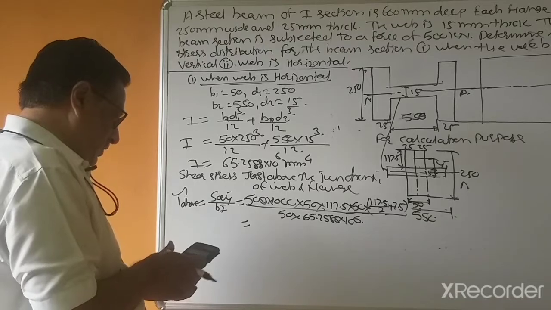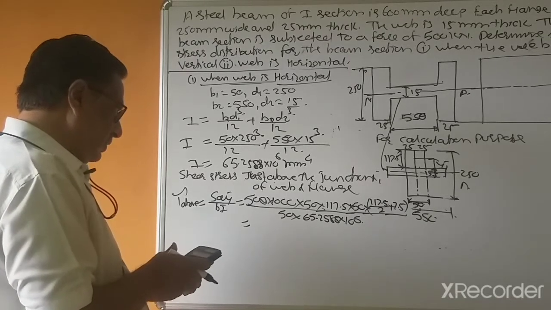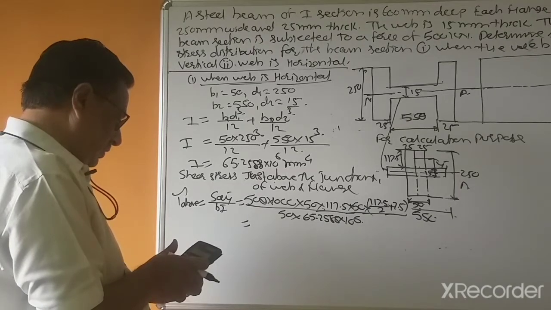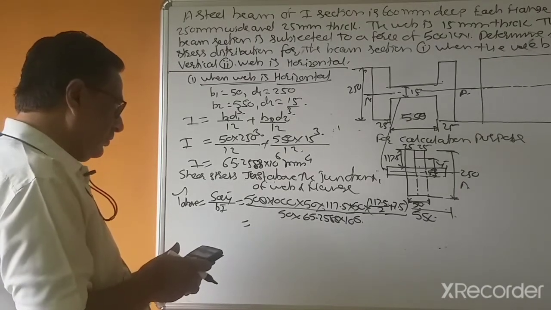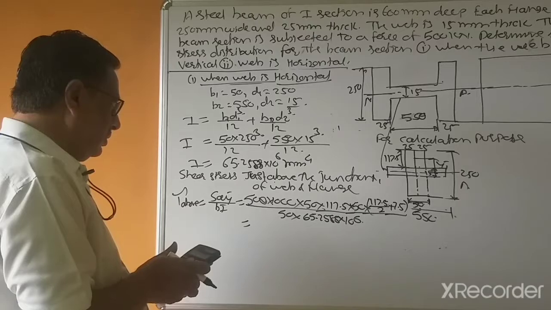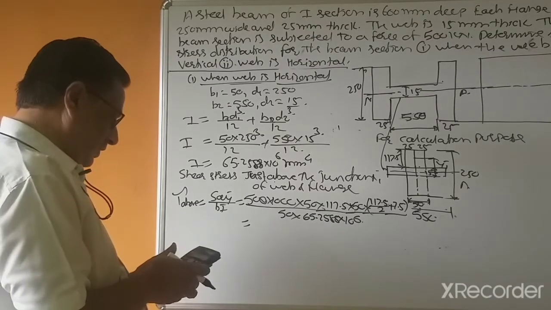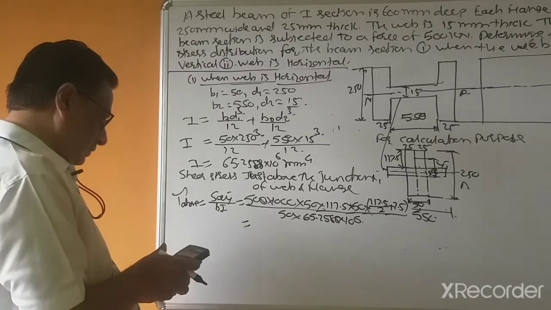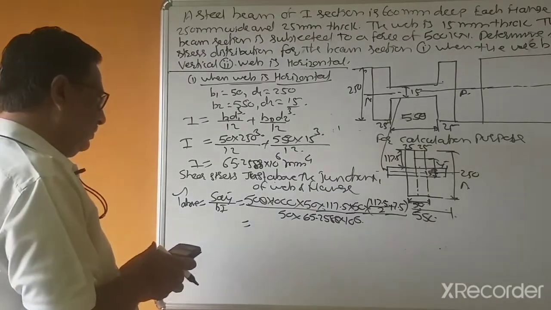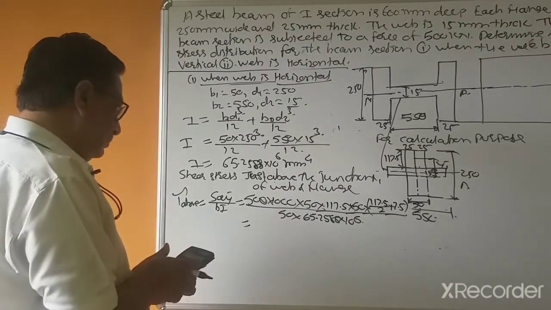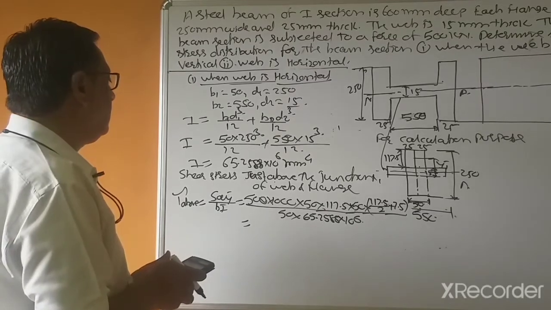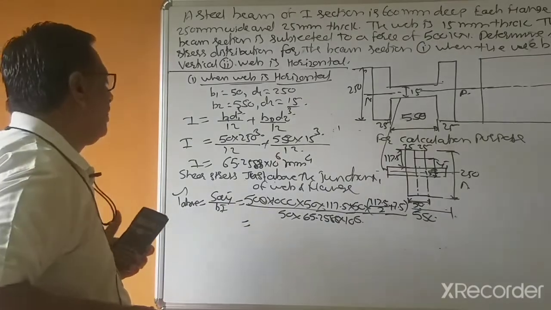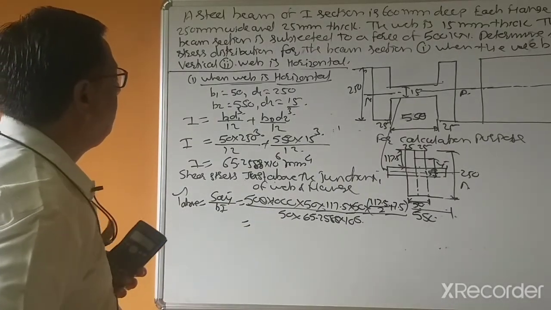So 117.5 divided by 2 plus 7.5 multiplied by 50, 7.5, again 50. Why this is double 50?